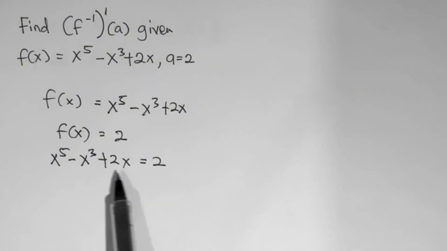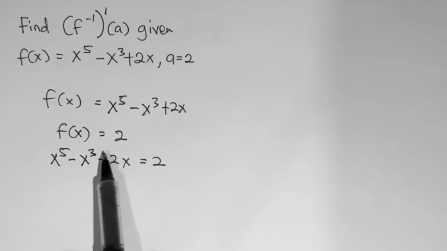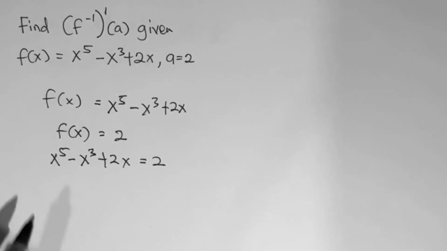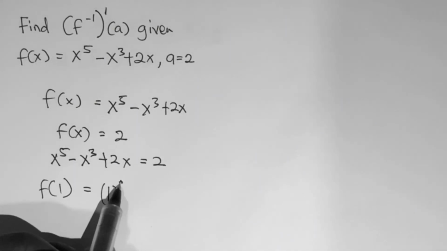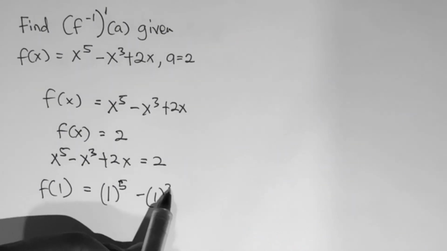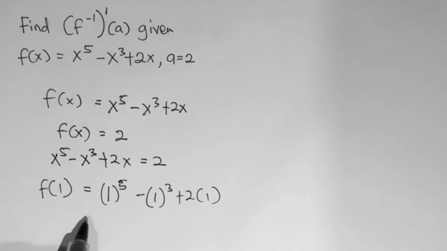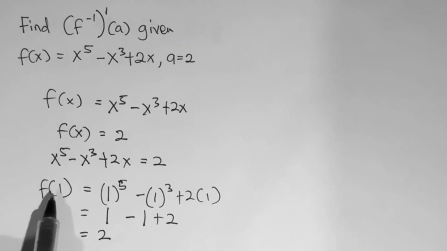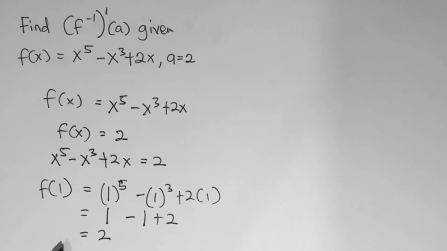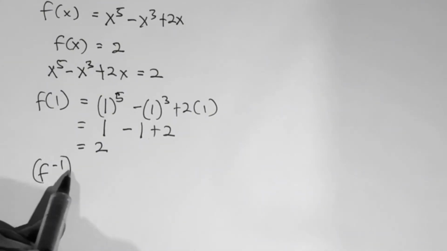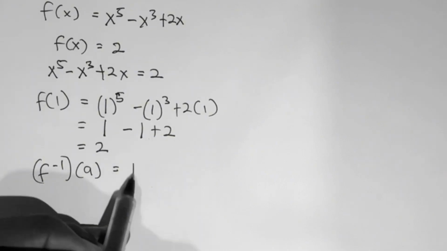So now, to be able to find the value of x for which f of x is equal to 2, we can just try some values. So let's find f of 1 is equal to 1 exponent 5, then minus 1 exponent 3 plus 2 times 1. 1 exponent 5 is 1, minus 1 exponent 3 is 1, plus 2 times 1 is 2. So the answer is 1 minus 1 is 0 plus 2. So this is equal to 2. So you see that f of 1 will give us 2. And therefore, it implies that f inverse of a is equal to 1.